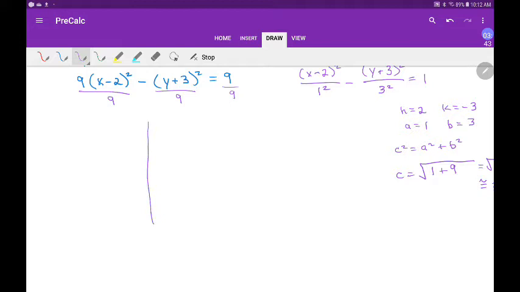And let's go ahead and graph this. So here we go. We'll put the center at 2, and we'll call this negative 3. So here's my center. And the vertices aren't that far away.